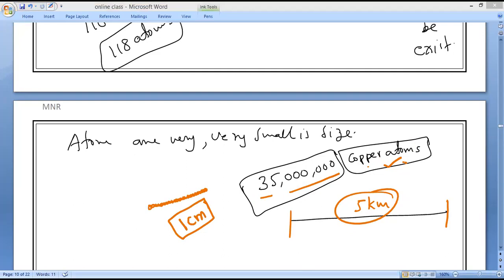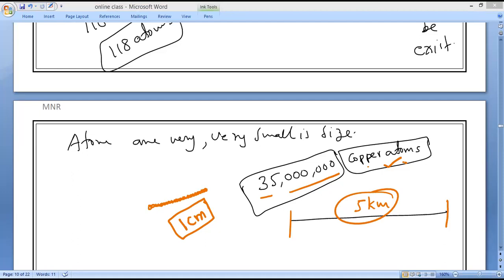Very, very small. That is why I am saying atoms are very, very small in size. 3 crore 50 lakh copper atoms arranged end to end in a line would cover a distance of exactly 1 centimeter.